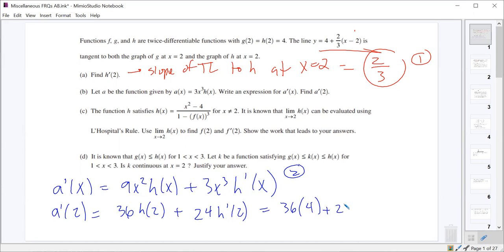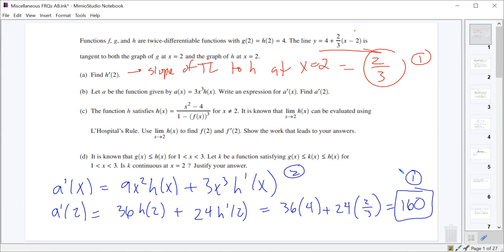And h prime of 2 was 2/3. So we just have 36 times 4 plus 24 times 2/3, which came out to be, what did that come out to be? 160? Did I multiply right in my head? According to the scoring guidelines I did. And that was worth 1 point. Everybody good there?